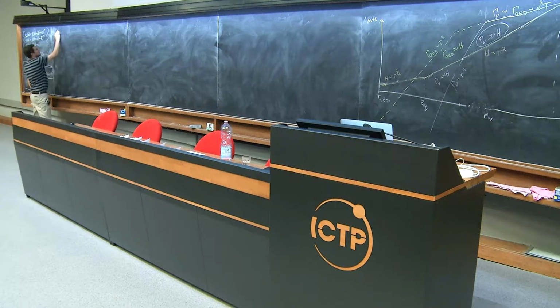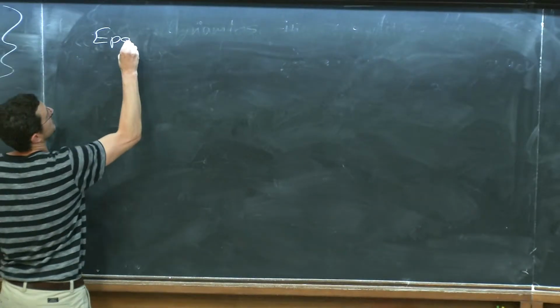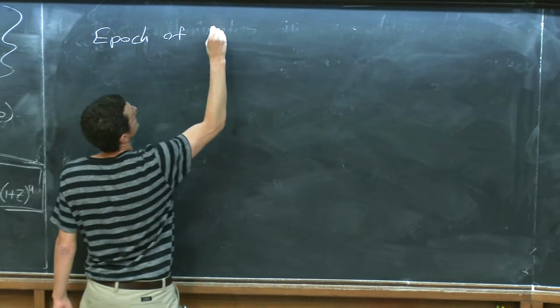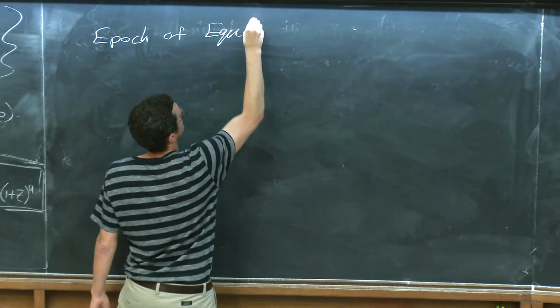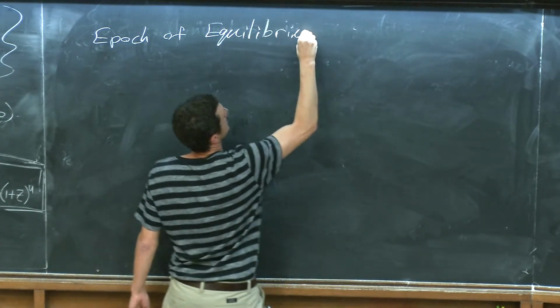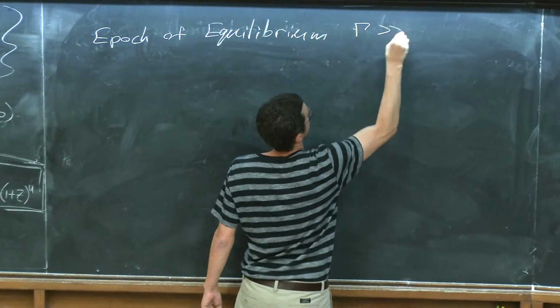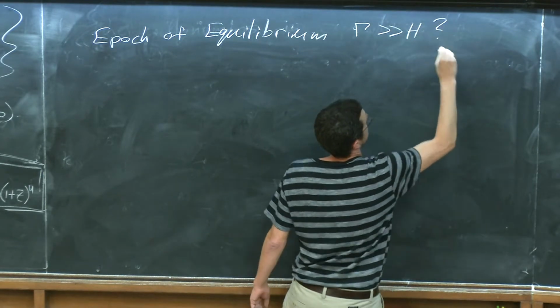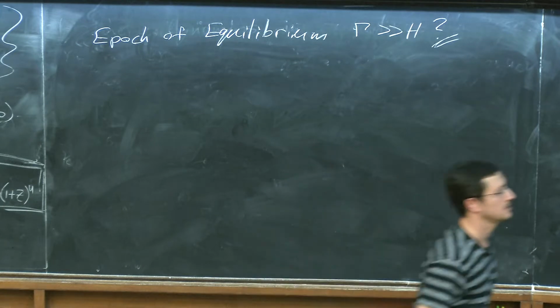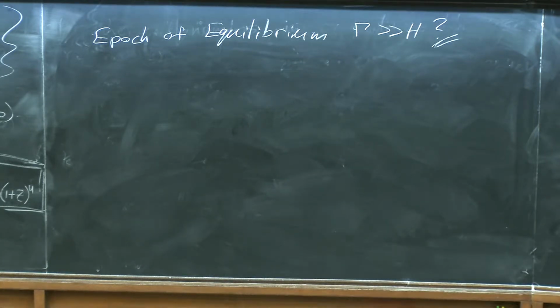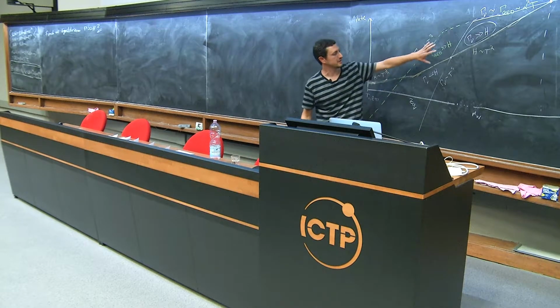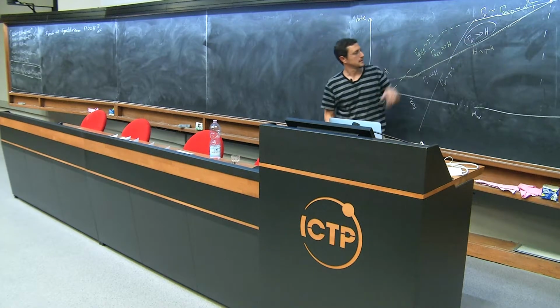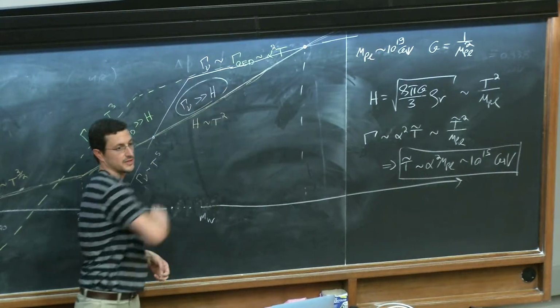So what happens in this epoch of equilibrium when gamma is much, much larger than the Hubble rate, okay? What do I mean? For QED, I mean this bulk of redshift here, and for the weak interactions, it's this range of redshift.